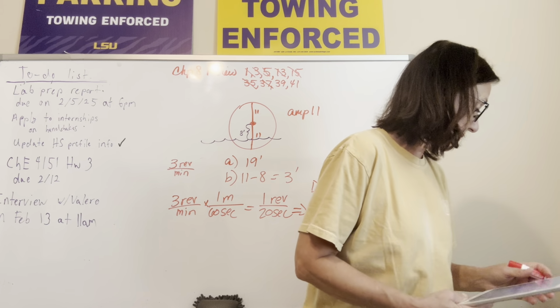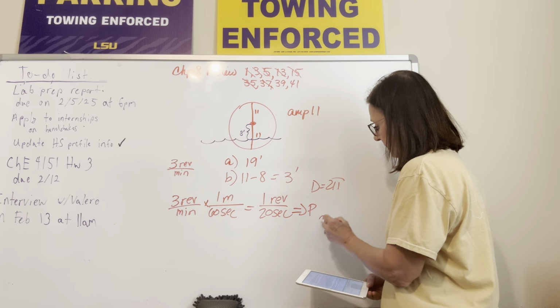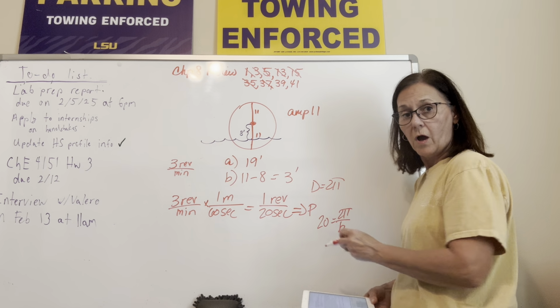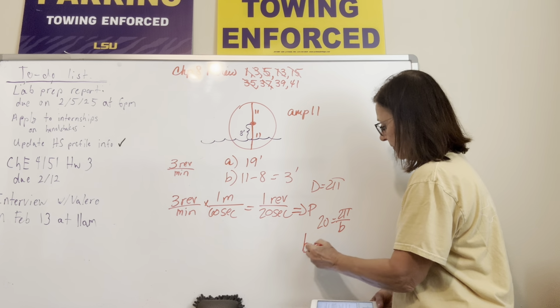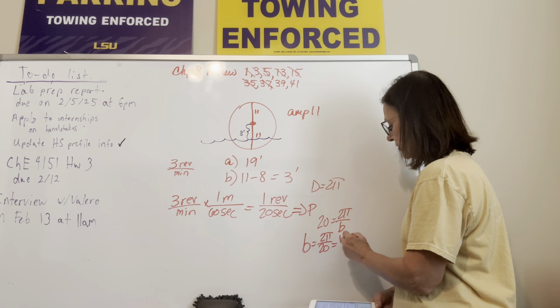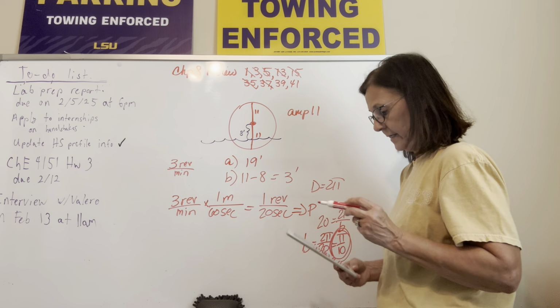So we do 20 equals 2 pi over B. I swap my extremes. B is 2 pi over 20, which is pi over 10. Now I have my B value, all right?